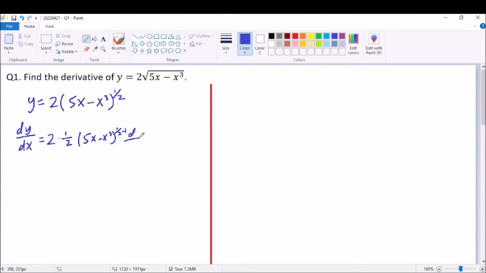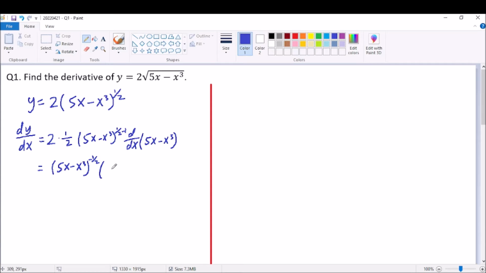Differentiate the inner expression 5x minus x cubed. So we have 2 times half, which is 1, and here you have (5x minus x cubed) to the power half minus 1, which is minus half.